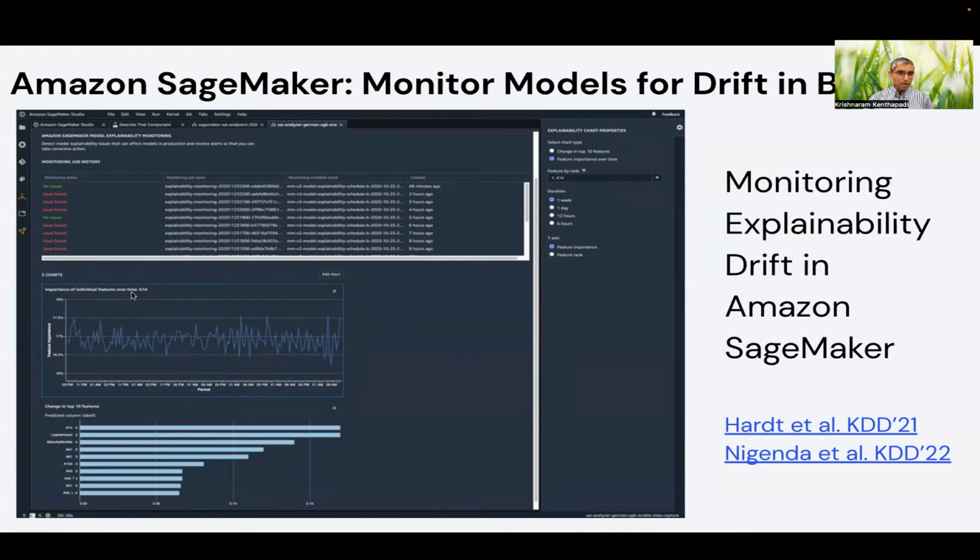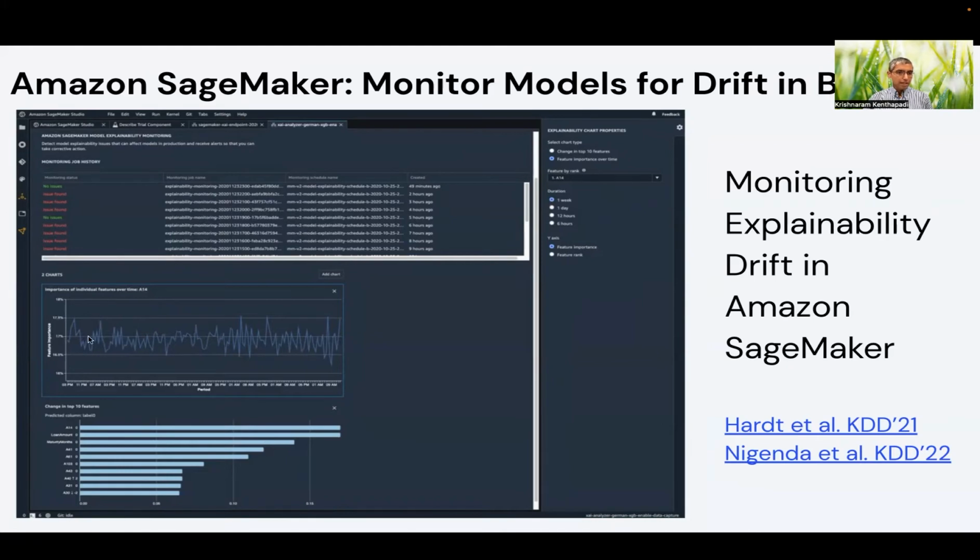Specifically, here we are looking at importance of one of the features called A14, associated with a model trained on the German credit data set. And we are looking at how the importance of that feature changes over time across different predictions performed by the model. So here the importance score is obtained using a variant of the Shapley values, or using a variant of the SHAP technique.